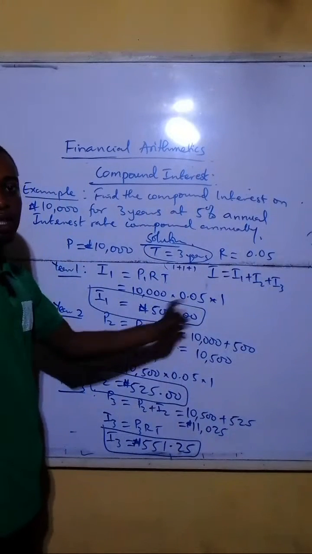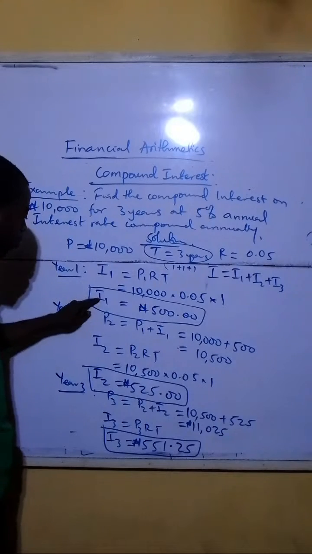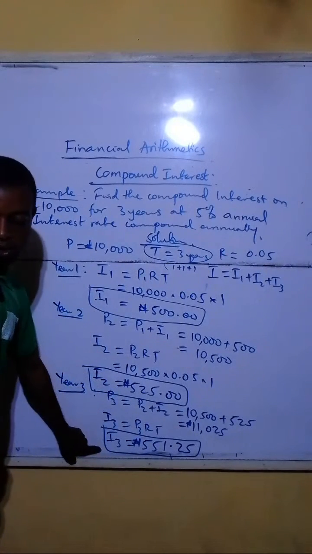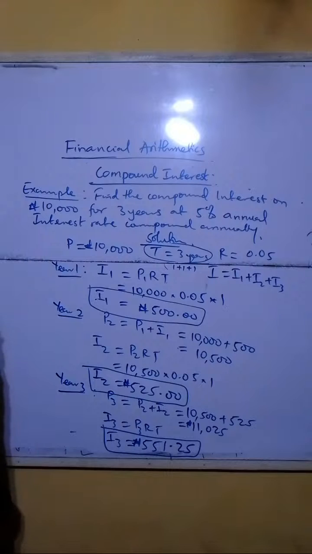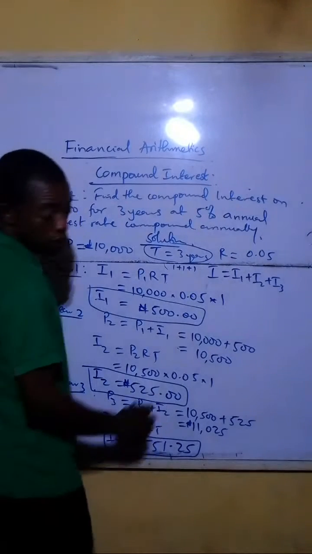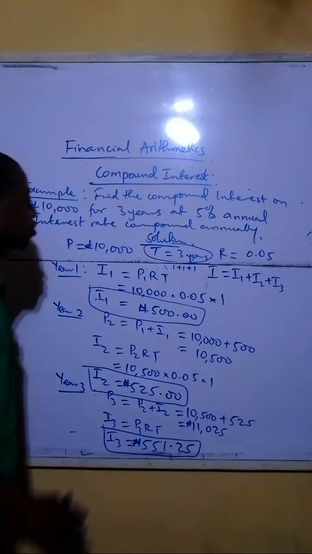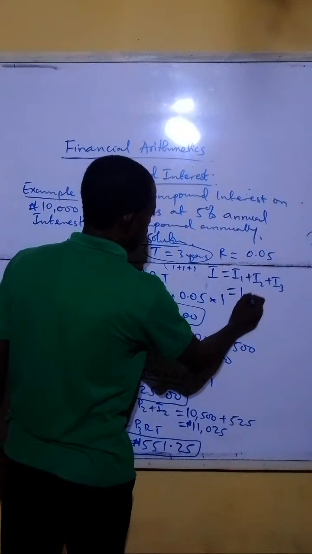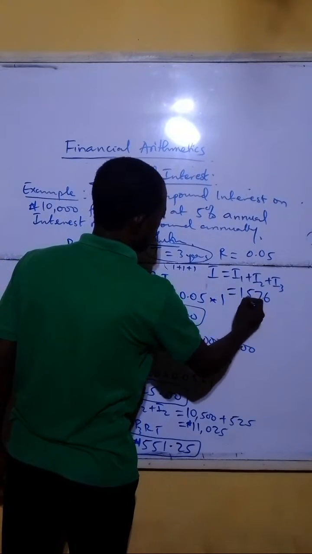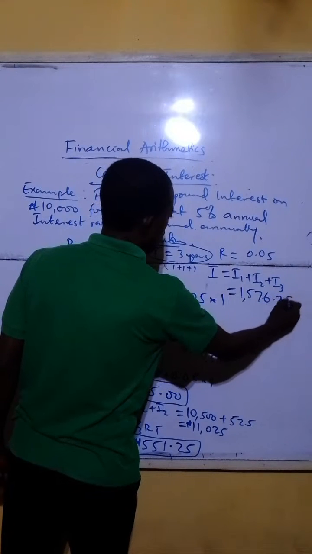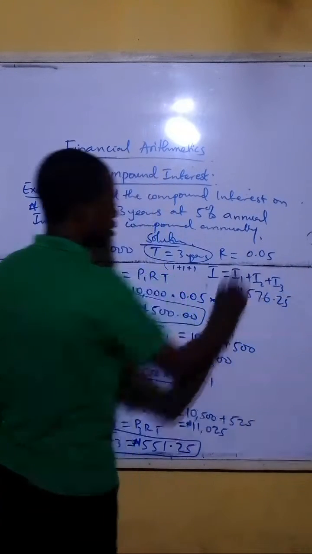We add the three interests together, and that will give us 1,576 naira 25 kobo. So that is that.